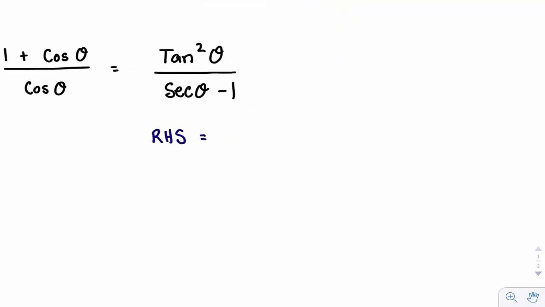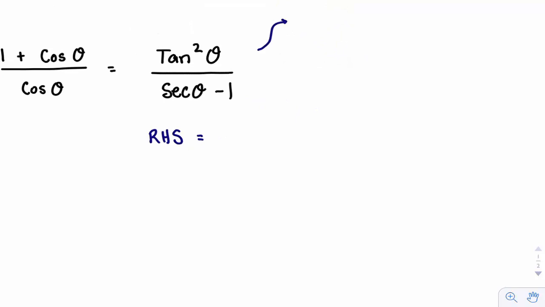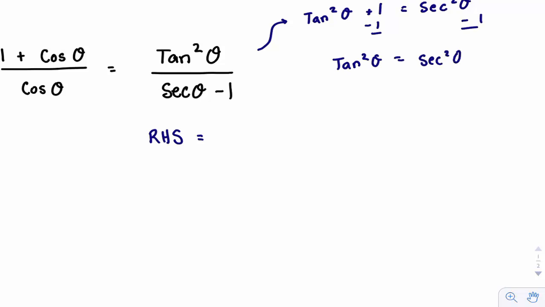So if you remember this identity, and this is just one of them, tangent squared theta plus 1 equals secant squared theta. This is really important to know, because when you see tangent squared, you can subtract 1 from both sides, and I know that tangent squared theta is secant squared theta minus 1.